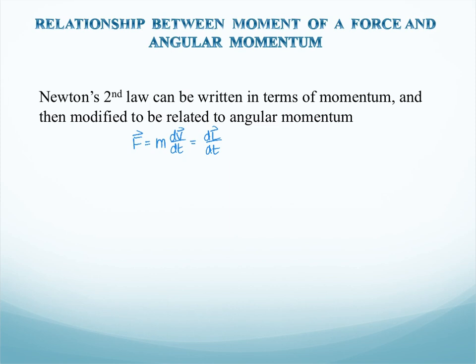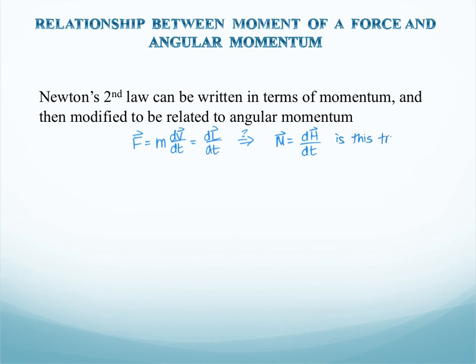And we just introduced angular momentum, which is like the rotational equivalent to momentum. So we might hypothesize that a rotational equivalent to Newton's second law could be that the moment can be expressed as the time derivative of the angular momentum. So we've just replaced linear quantities with rotational quantities.